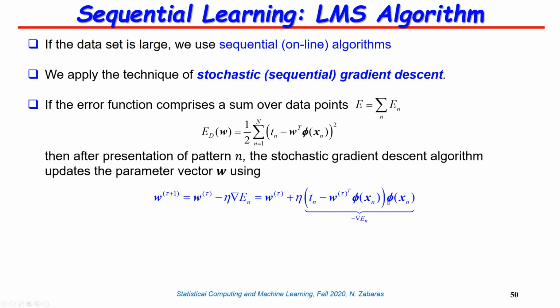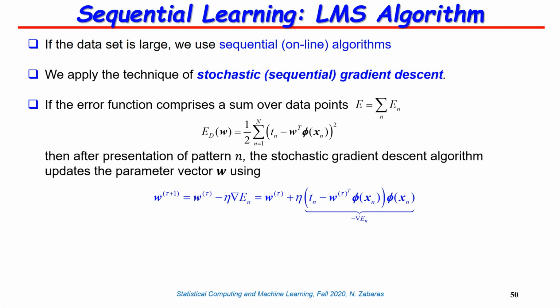And if you look very carefully at this update with the gradient for our particular function, you notice that you have an error signal. It basically tells you how far your current prediction at x_n with your previous W's is from the training point labeled t_n. That's the error that you commit with your previous guess of your regression function. And then it's multiplied by the feature for the data point x_n.